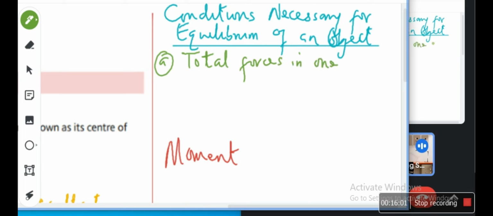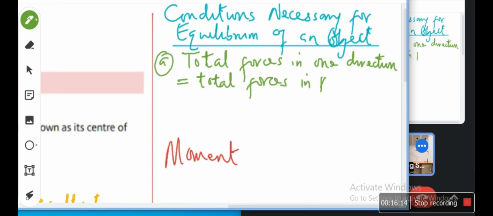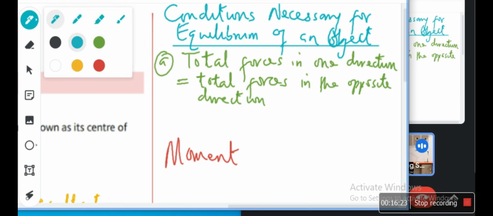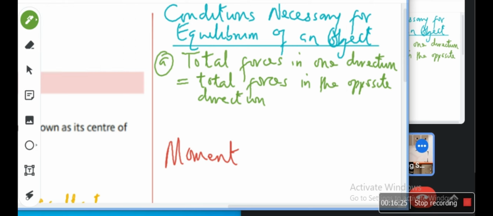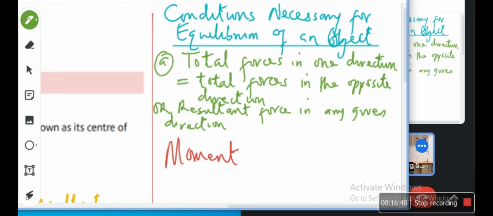Okay, total forces in one direction is equal to total forces in the opposite direction. And if that is the case, the resultant force in that direction is 0. In other words, resultant force is 0, or resultant force in any given direction must be 0.